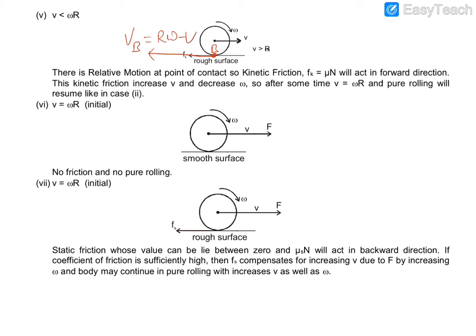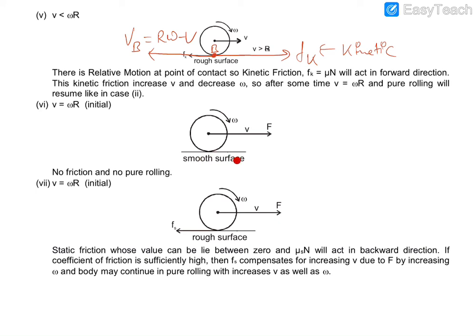Therefore, the friction will act in the forward direction. This is an incorrect diagram, don't see it. The friction would act in the forward direction, and this friction would also be kinetic friction, because in this case also pure rolling is not occurring and this body is sliding on this surface.